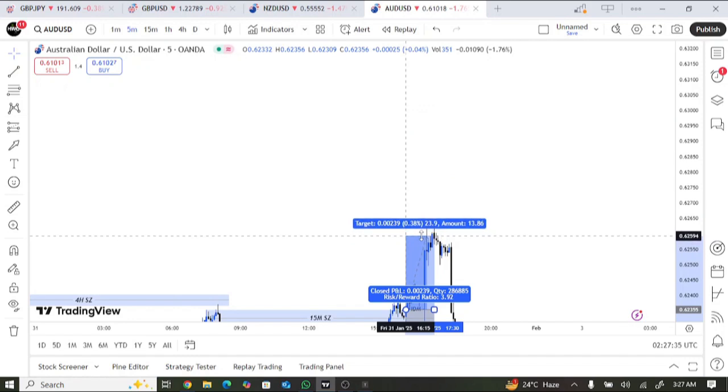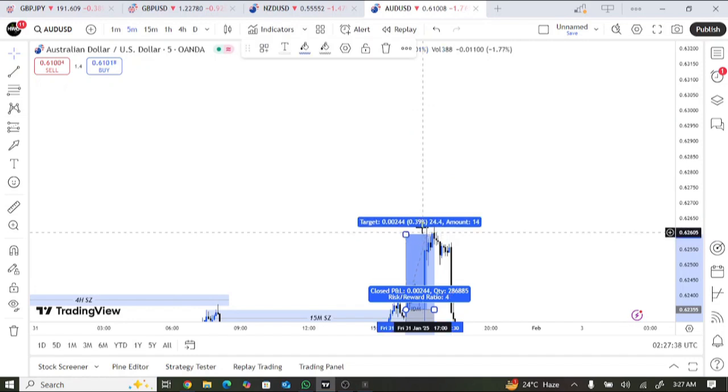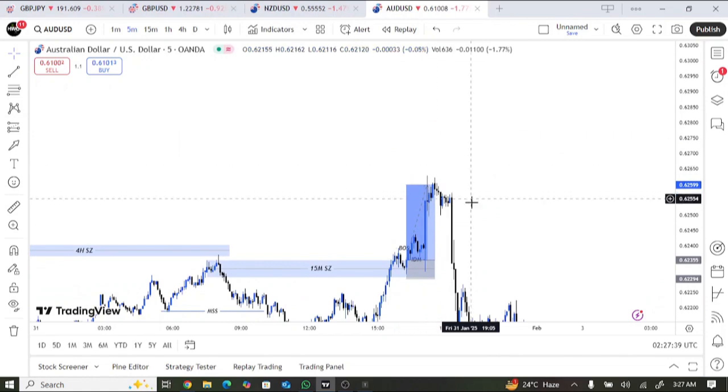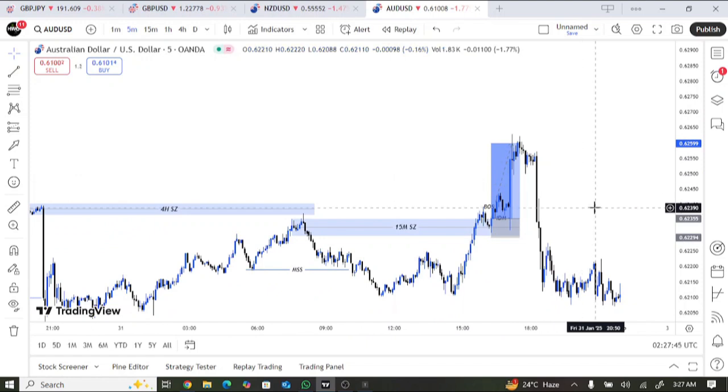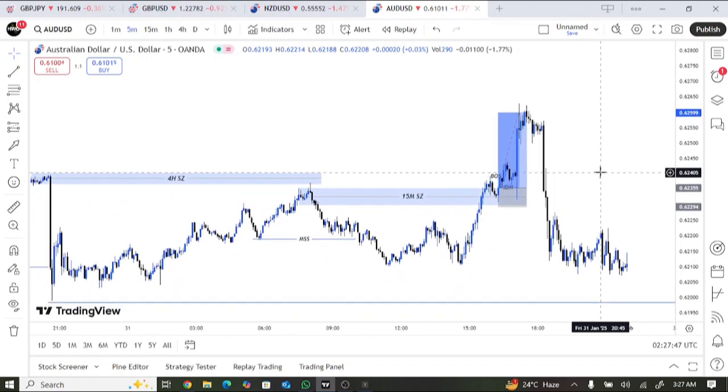Targeted 1:4 risk to reward ratio. So this was what I did, and you saw how the market moved very, very well.